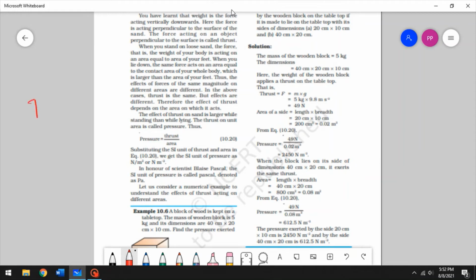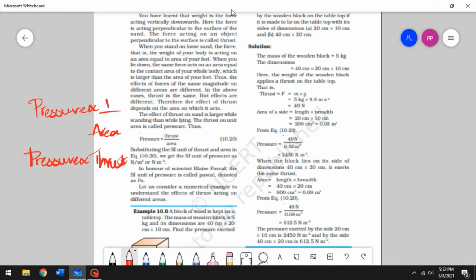Alright, so pressure is inversely proportional to area. And pressure is directly proportional to the thrust.